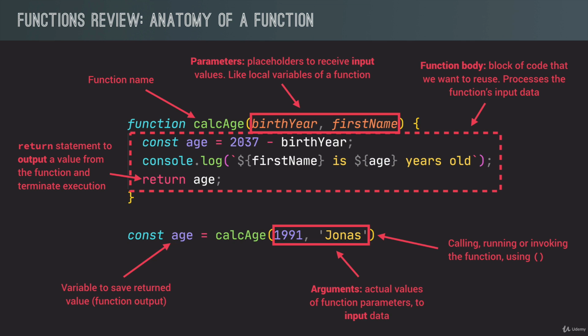Okay? Now, just one other thing that I want to make clear is that this console.log that we have in the function, so in that first line there, has nothing to do with returning a value. This simply prints a message to the developer console, but it has nothing to do with returning. So actually, the console.log is actually just another function call inside the calc_age function, because console.log is itself a function.